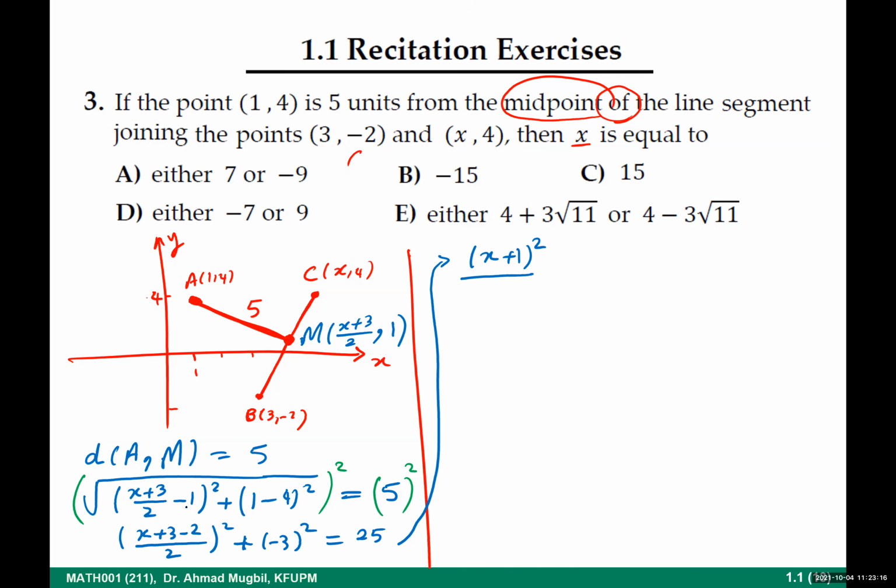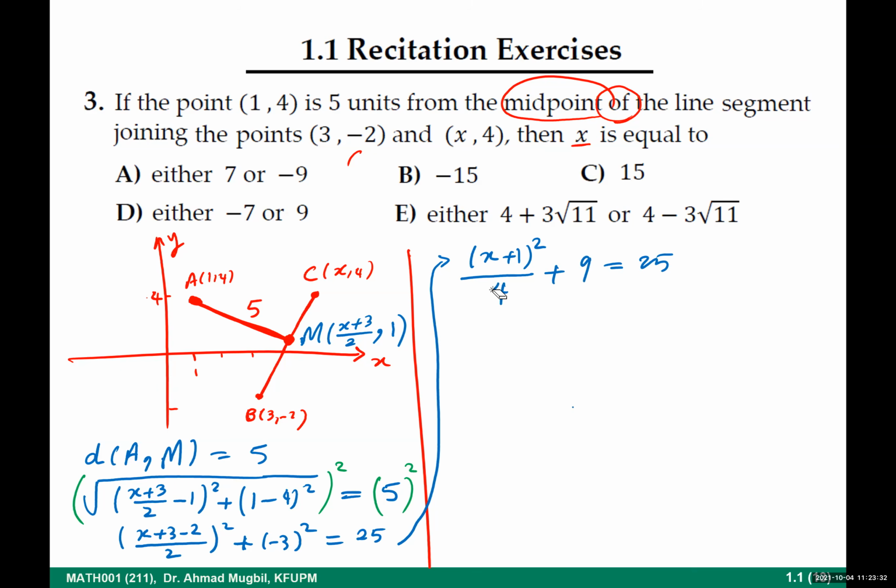So you make them a single fraction. Now this is x plus 1 all squared over 2 all squared, plus 9, equals 25.